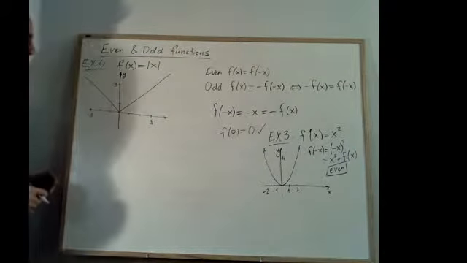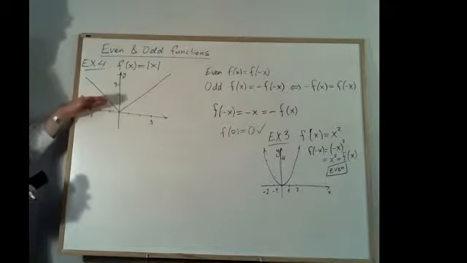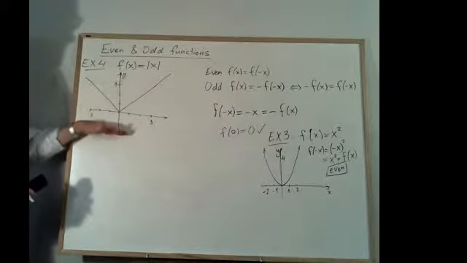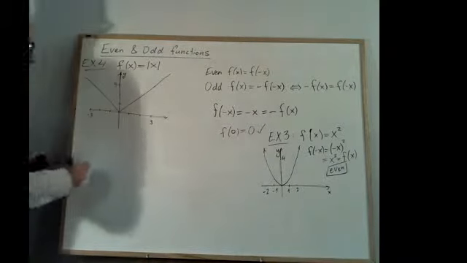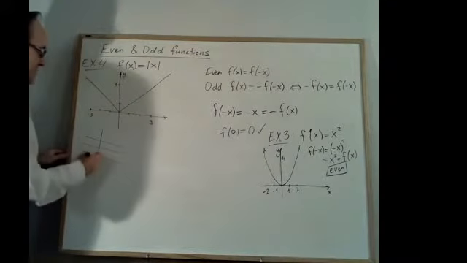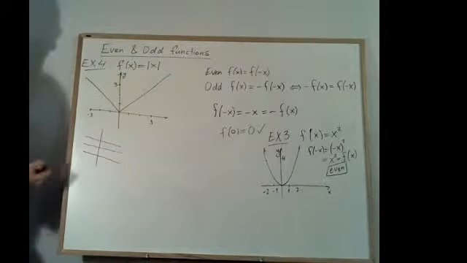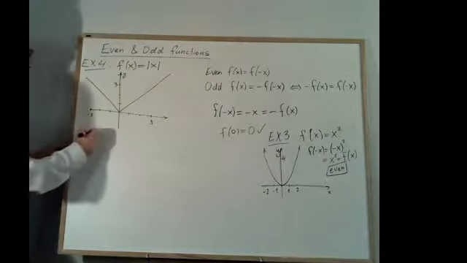And similarly, the constant function, if it's 1, then if you reflected about the origin, you'll get the negative 1 function as a constant. And that's not the same. It doesn't overlap. What value of the constant will give you an odd function as well?